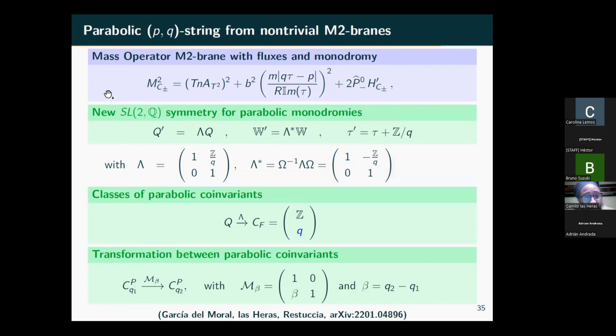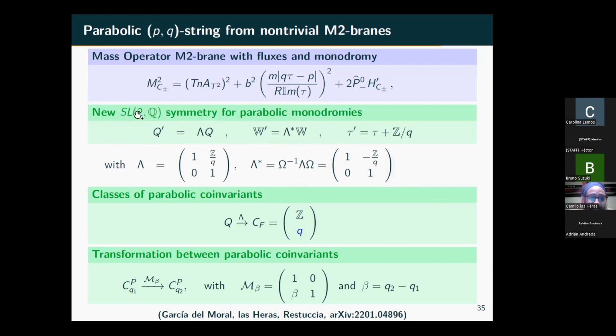But we have found that, in the case of the parabolic monodromy, this mass operator contains a new symmetry, which is an SL(2,Q) symmetry, okay, that acts on the Kaluza-Klein charges, on the winding matrix, and on the Teichmüller parameter in this way that we have here, where Λ is an SL(2,Q) matrix, okay? And Λ* is a matrix that acts on the base manifold of the theory.